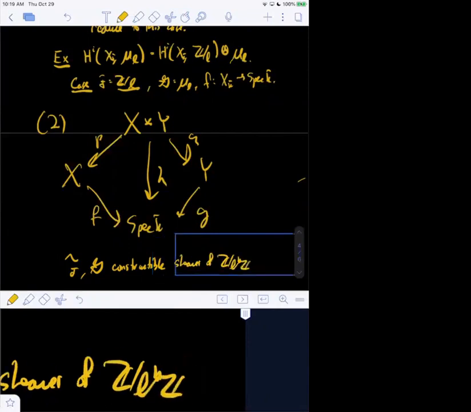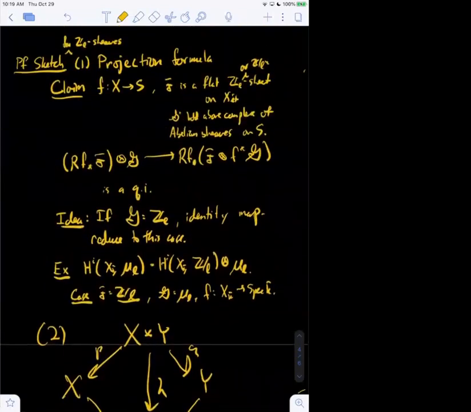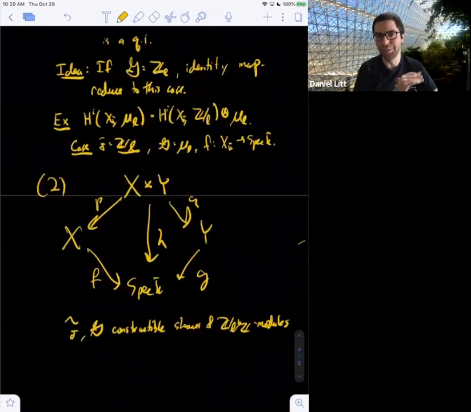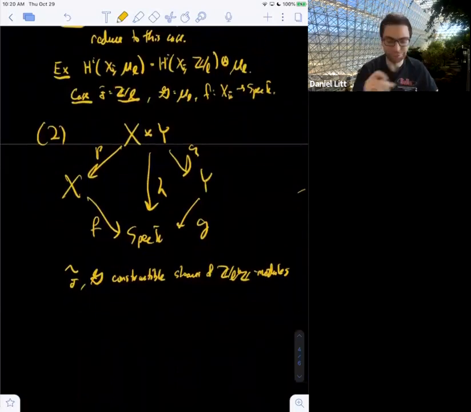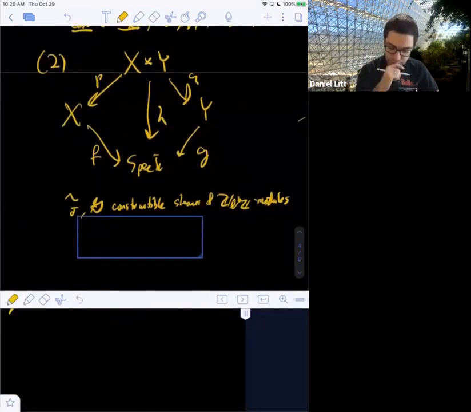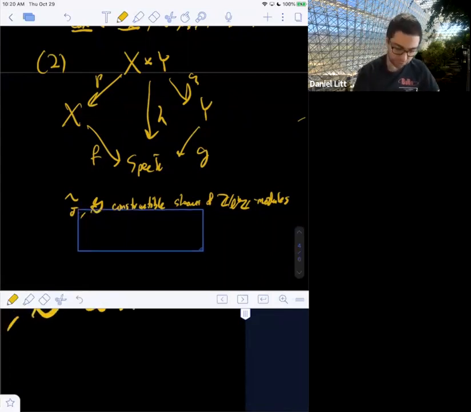And in those cases, F is actually flat, right? Yes, then F is a sheaf of free Z/L^n Z-modules. A flat constructible sheaf of Z/L^n Z-modules is a sheaf of free Z/L^n Z-modules. And as before, I'm going to assume this.